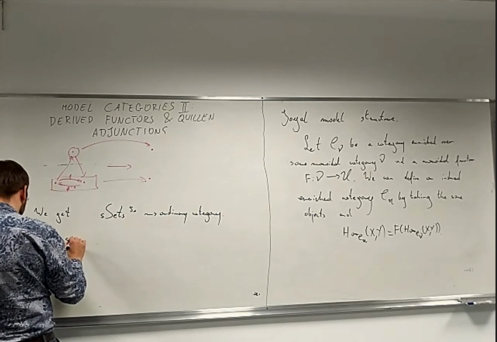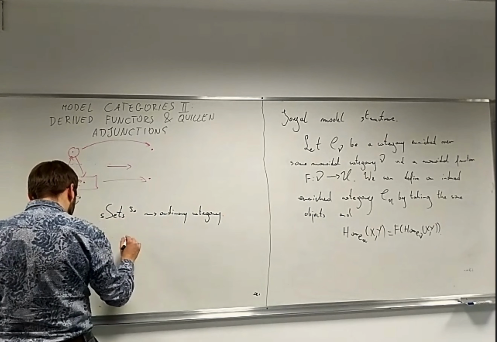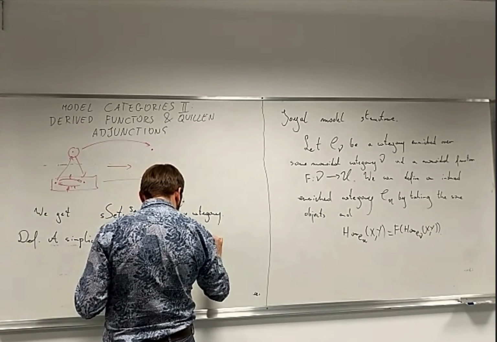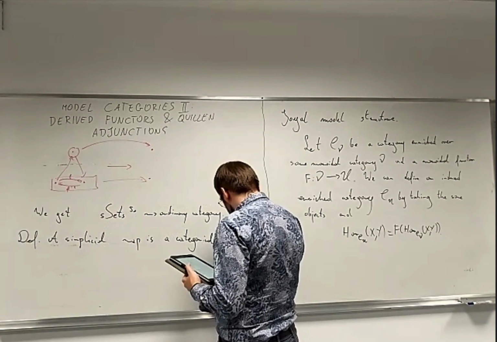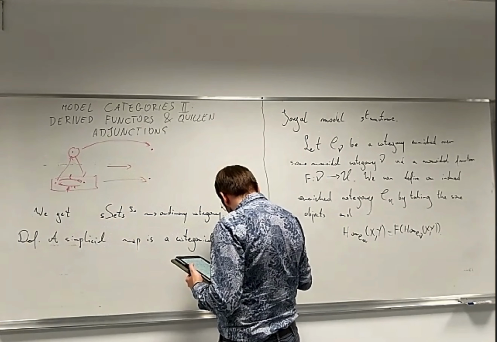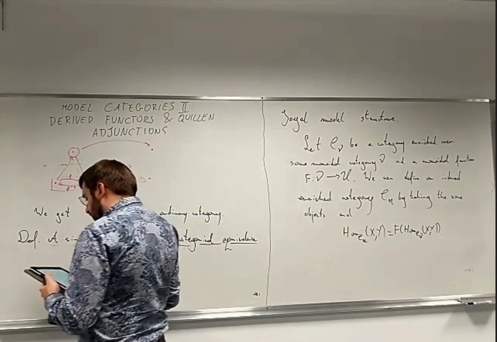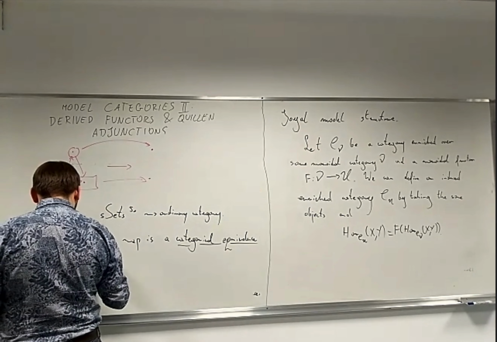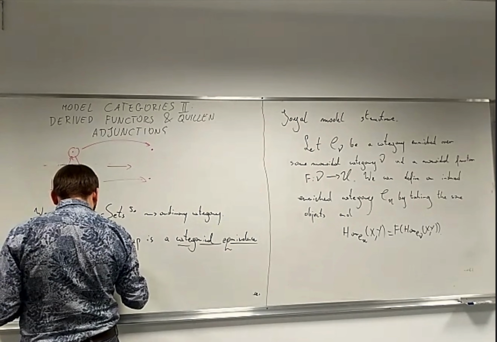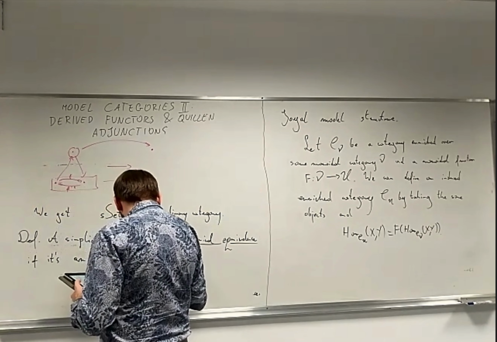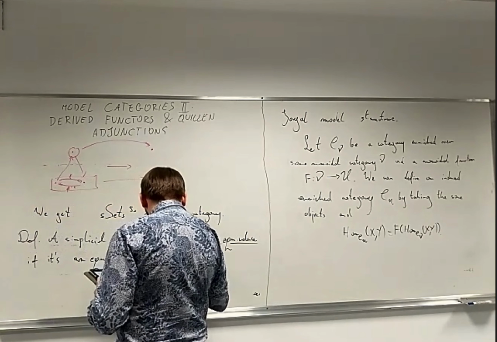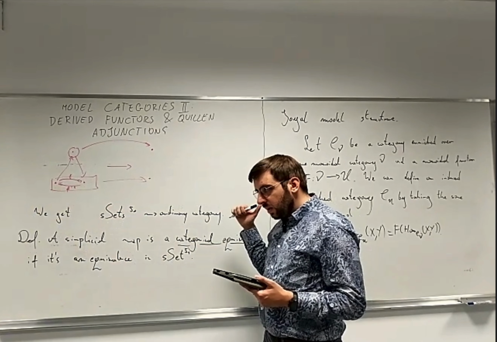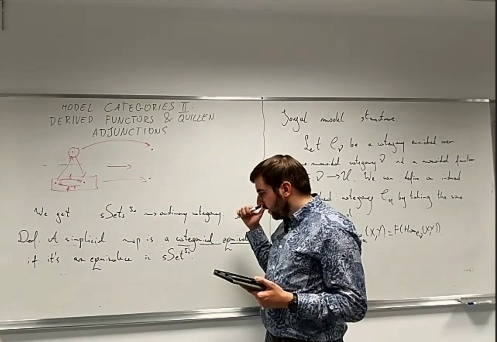A simplicial map is a categorical equivalence if it is an equivalence in simplicial sets enriched over categories. Now, I should probably say what I mean by equivalence in this setting.